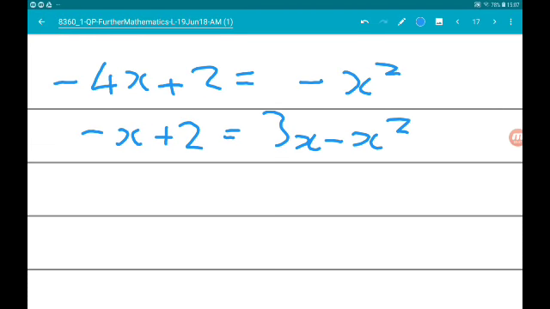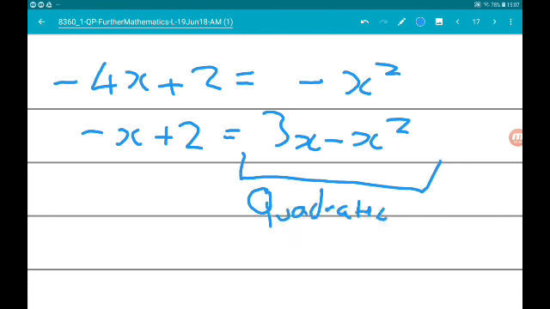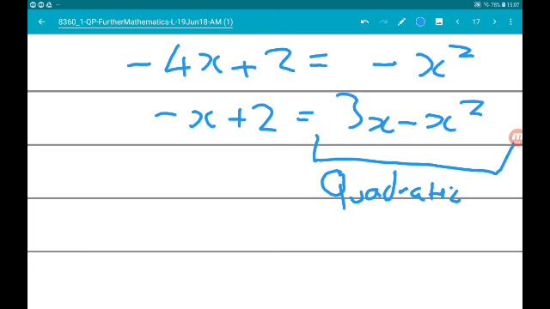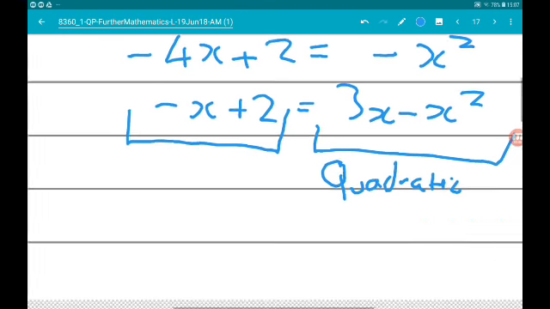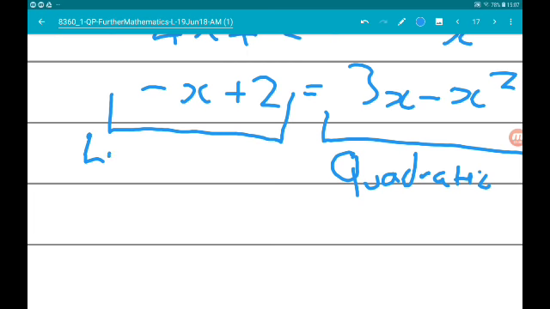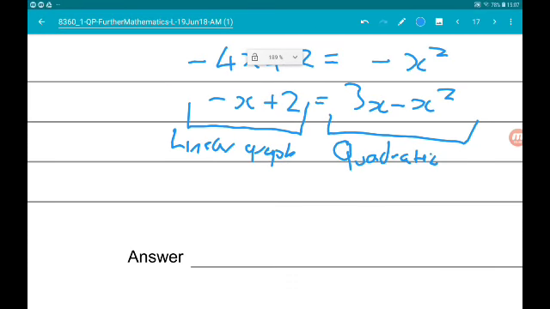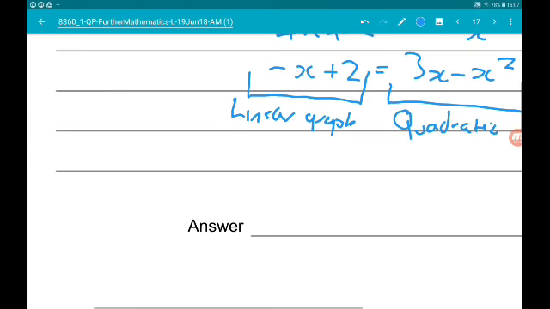So what we got now, this is the quadratic that is already sketched for us, and minus x add 2 is the straight line, so it's the linear graph that we want to plot. So we want to plot y equals minus x add 2.